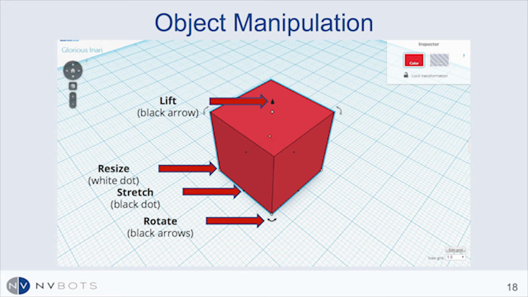In each corner on the base of the part, you'll see a little white dot, and if you click that, you can resize the part in X and Y. In the middle of that edge, you'll see a black dot, and that allows you to stretch the part in one dimension, not in X and Y together, but just in Y or X independently.